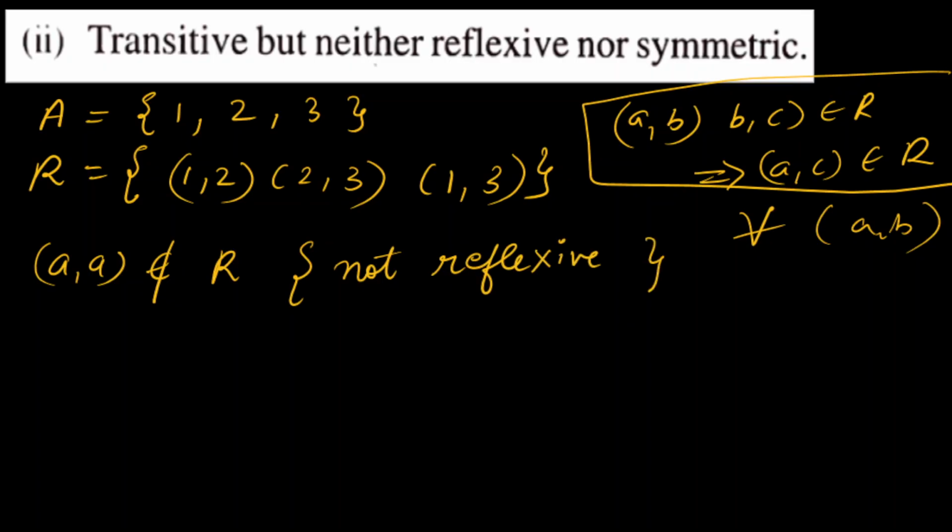Second one is symmetric. For symmetric, we know for (1, 2), I should have (2, 1); for (2, 3), I should have (3, 2); and for (1, 3), we should have (3, 1) belonging to this relation.